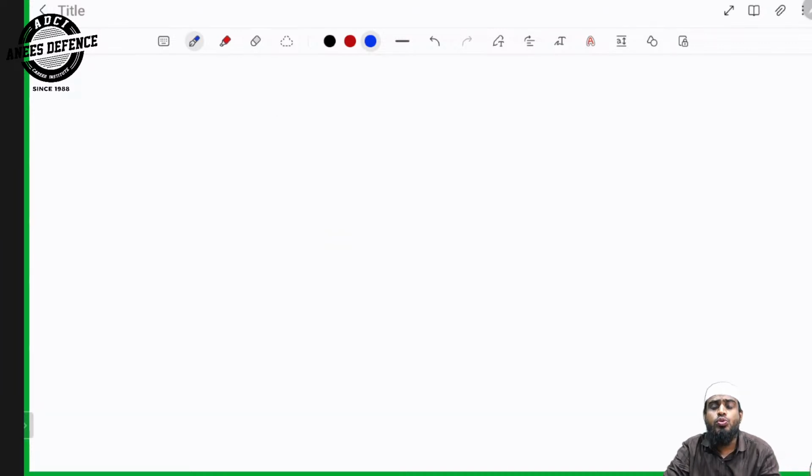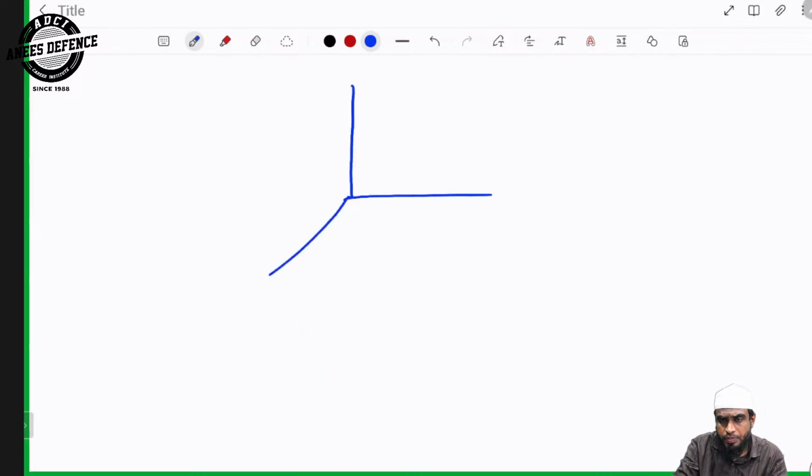One important concept you should know about vectors is the normal Cartesian coordinate system, that is x, y, z. If we want to represent a point in that Cartesian coordinate system, we will represent it like this: x, y, z.